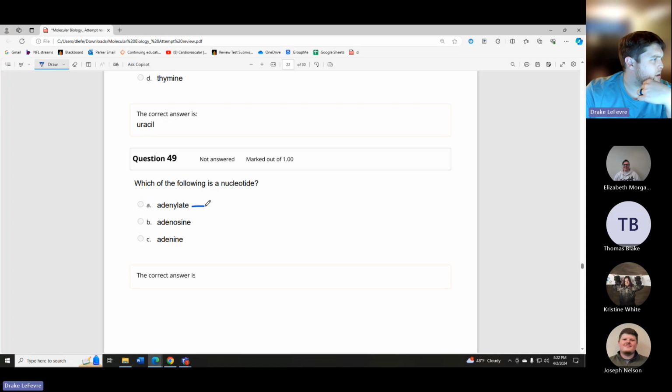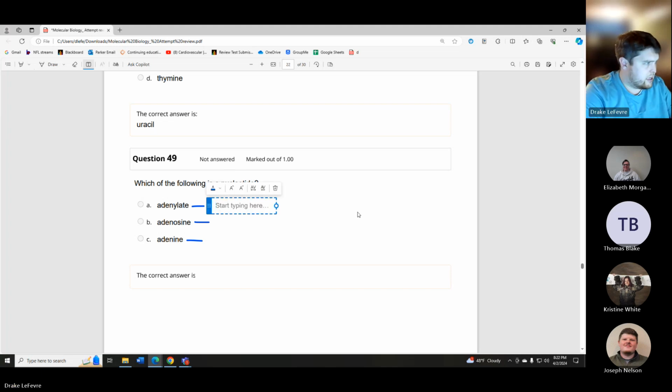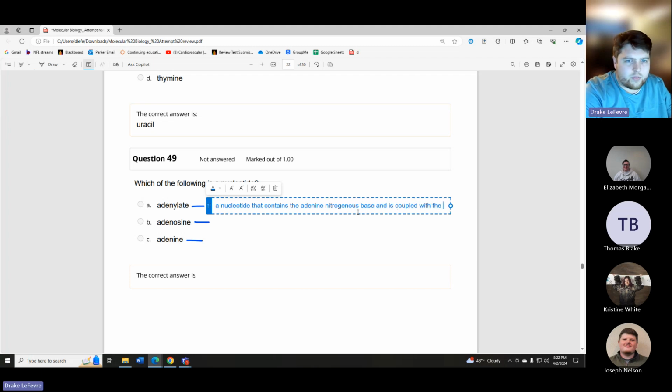The almighty Google says the following. Adenylate is a nucleotide that contains the adenine nitrogenous base and is coupled with the sugar ribose and the phosphate molecule.